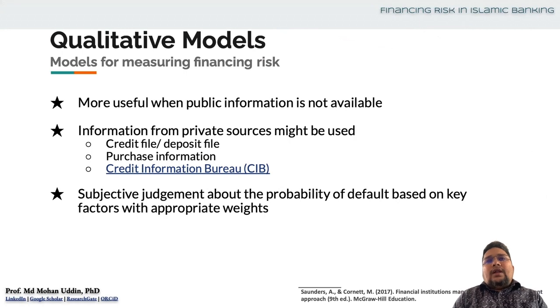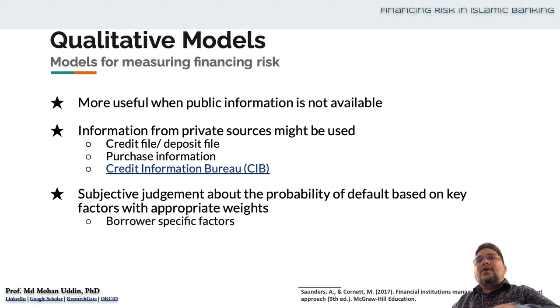So now let us talk in a little more detail about the factors that should be carefully analyzed about the funding customer. The factors can be divided into two parts. One is the borrower specific factors.